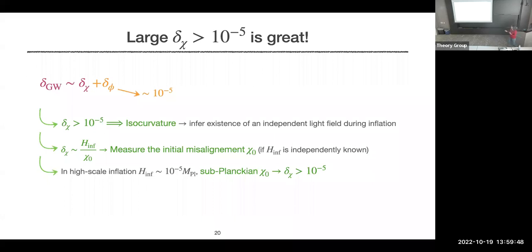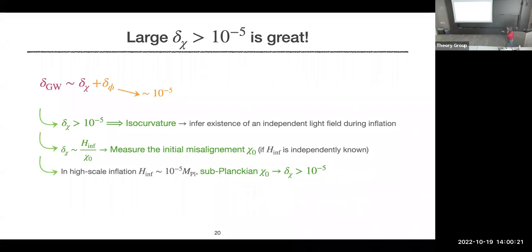Not only that, the exact amplitude of this delta chi will also tell us about some fundamental parameter of this chi field. For example, if I measure delta gravitational wave bigger than 10 to the power minus 5, I know it must be coming from some relation like this. And if I know H inflation from a measurement of the tensor to scalar ratio or some other method, then I can directly infer the initial misalignment of this field.